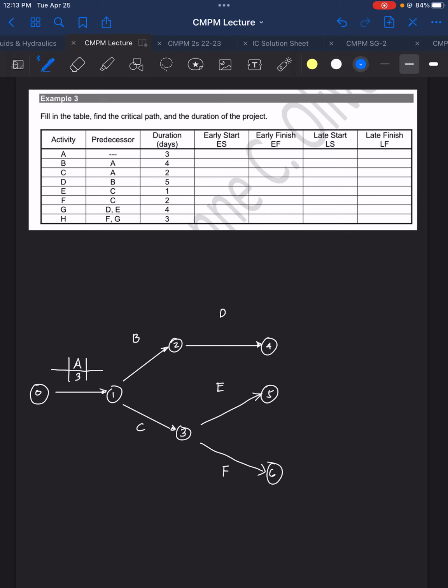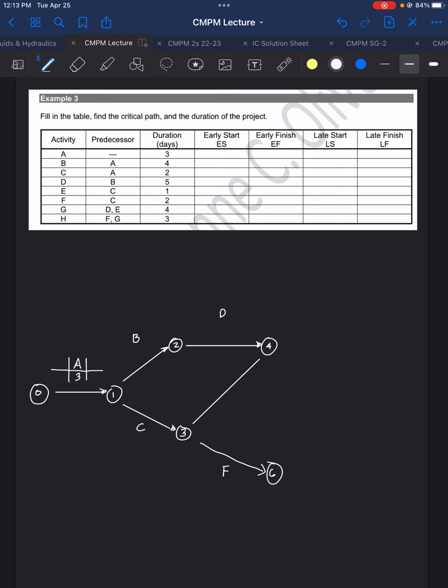Next, let's go to activity G. It says there, for activity G, it will start when D and E are finished. So where are D and E? When they are finished, activity G will commence. Therefore, I will need to adjust my drawing. It will look like this, because they will need to merge.